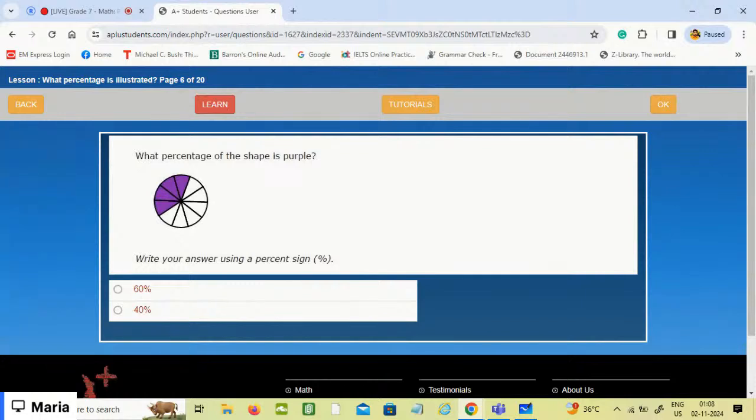Very good. That is 40%, right? 4 out of 10 are colored. We need to multiply it by the 100, so that is 40%. Option number 2 is the correct option.